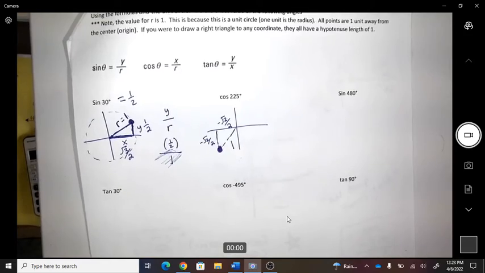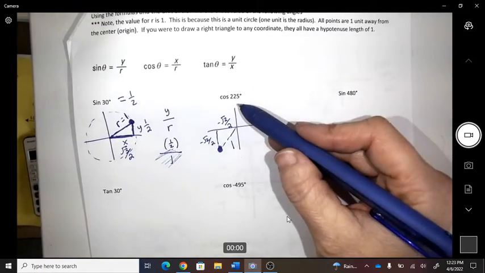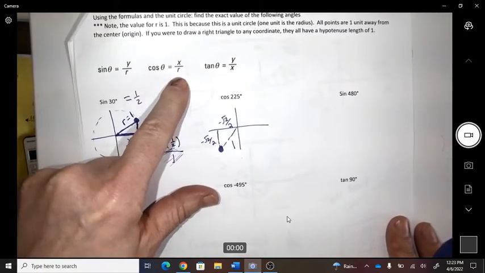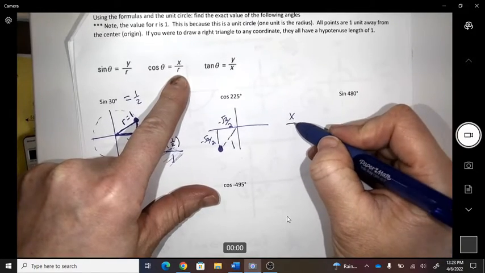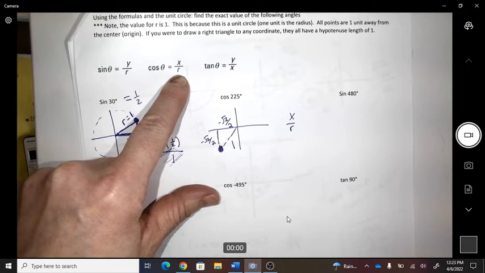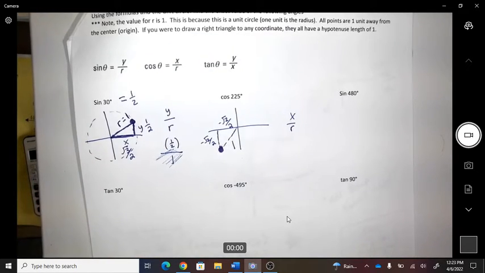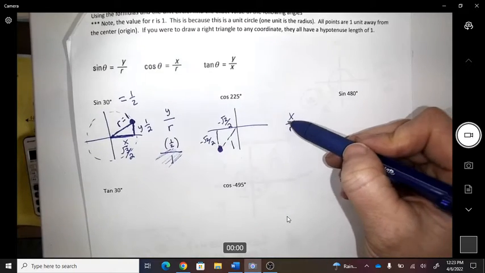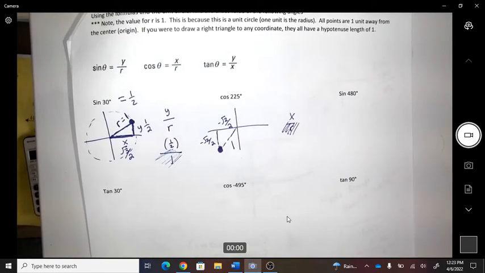Okay, what does the cos tell me to do? Take the X and divide it by R. Okay, this is what I'm going to do from now on. I'm scratching that off because I actually don't care to divide by 1.